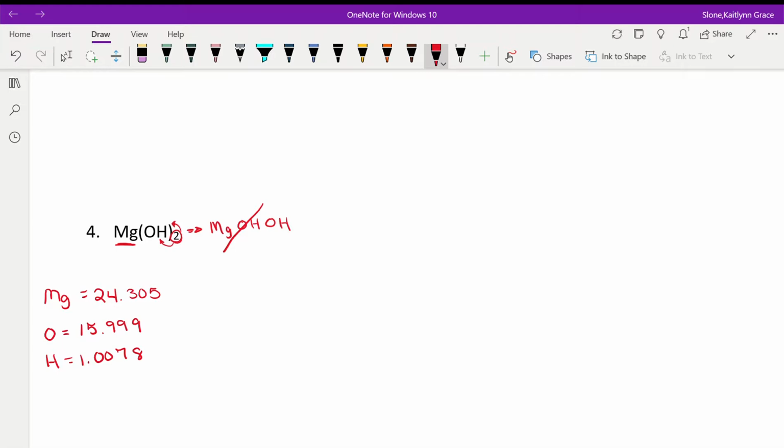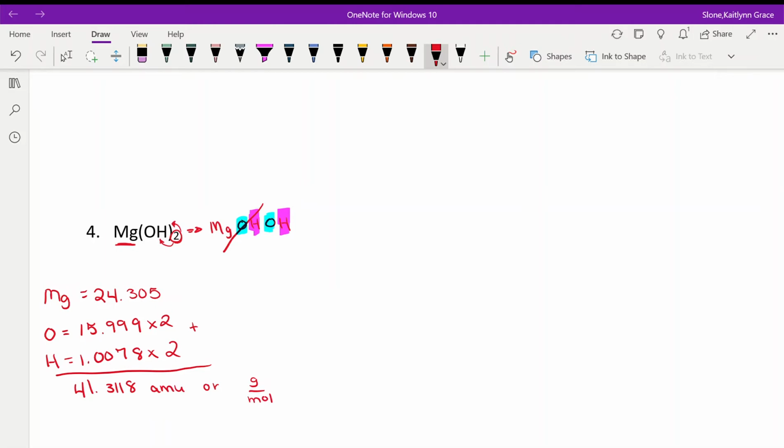So, since we have two oxygens and two hydrogens, we're going to multiply the oxygen's weight by 2 and the hydrogen's weight by 2. And when you add all of that up, a lot of calculating, a lot of calculators, you'll get 41.3118 AMUs or grams per mole.